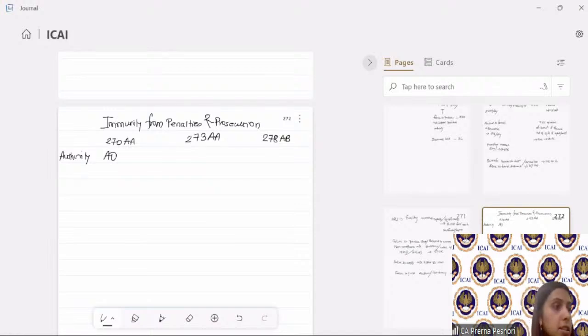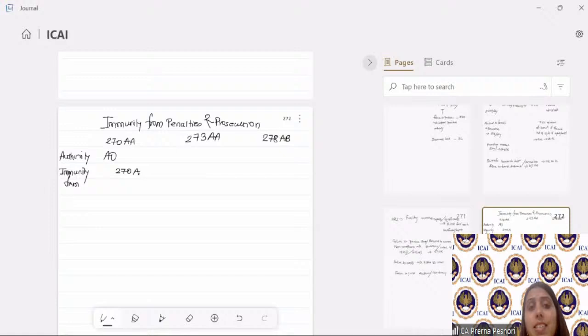of penalty under 270A, which was under-reporting and misreporting, or the initiation of proceedings under 276CC. 276CC is for the prosecution, which we are going to talk about in a while. Prosecution is what? Prosecution is jail.